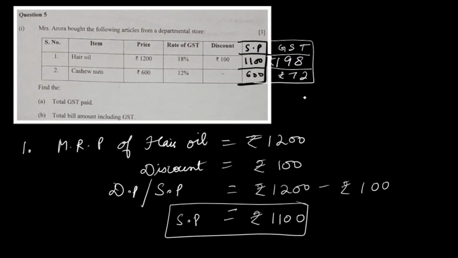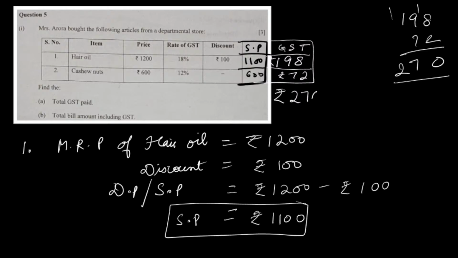Now total GST, both we have to add. So 198 plus 72 we have to do. 8 plus 2, 10. 270. Total GST also here we can write 270. Is it correct? Okay, so 270.